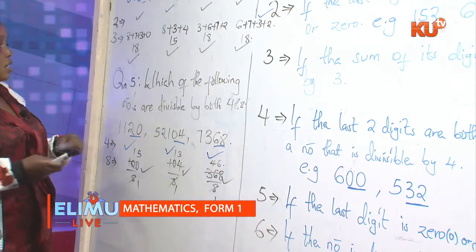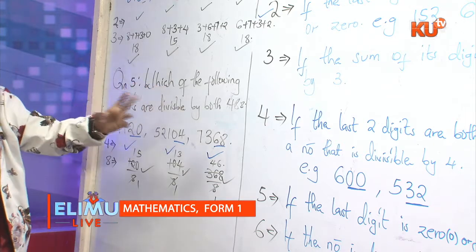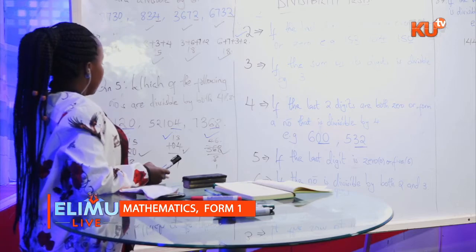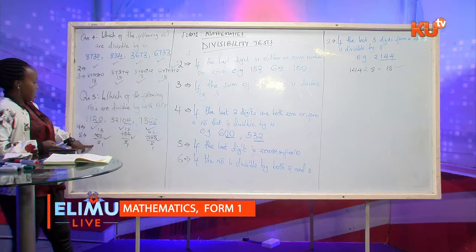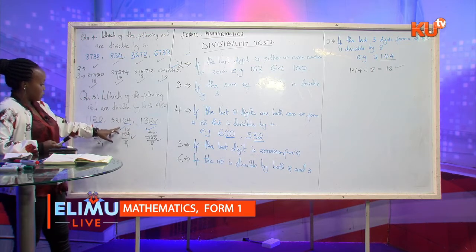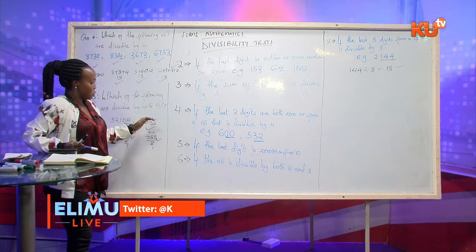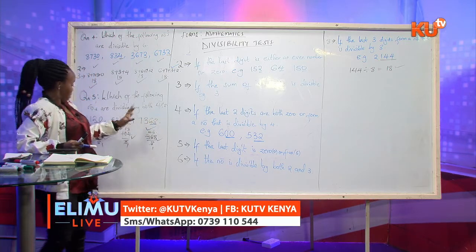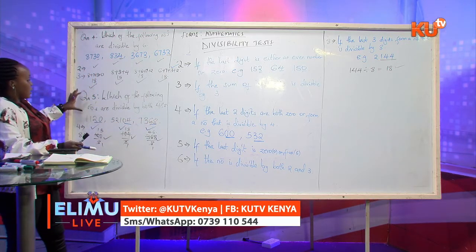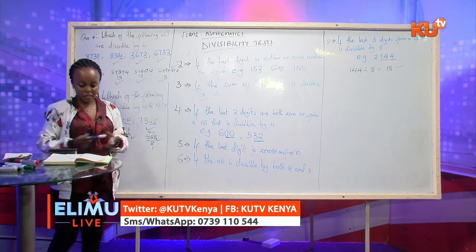So as we can see in this question, we were being tested if we know that numbers are divisible by 4 and 8. We tested that 1120 is divisible by both 4 and 8. The other, 52,104, was also divisible by both 4 and 8. And lastly, 7,368 was also divisible by both 4 and 8. So all the 3 numbers there were divisible by both 4 and 8.